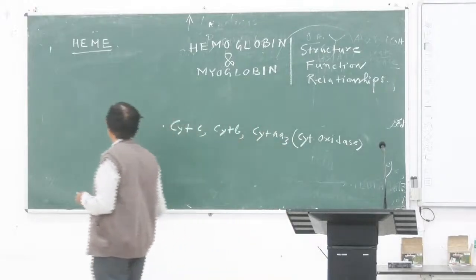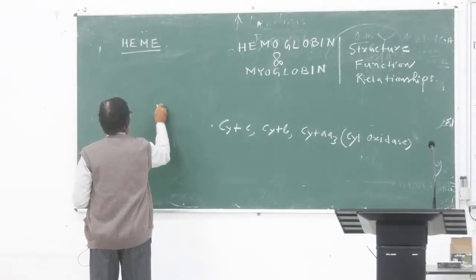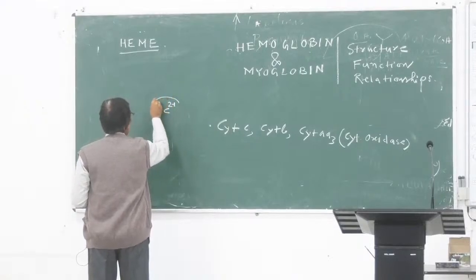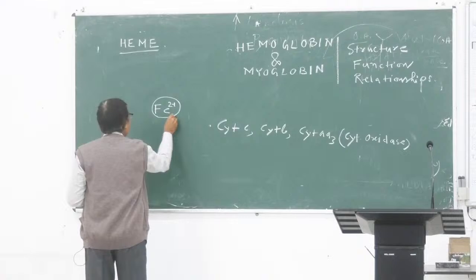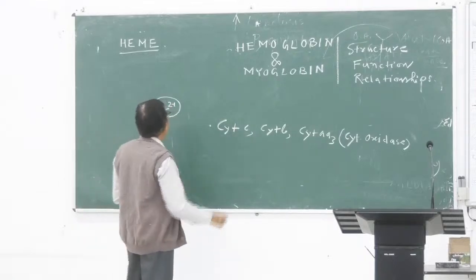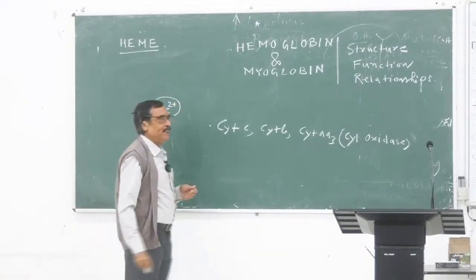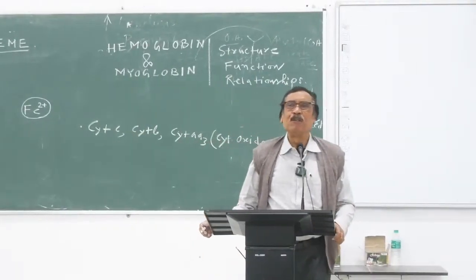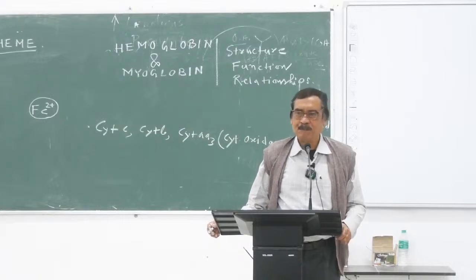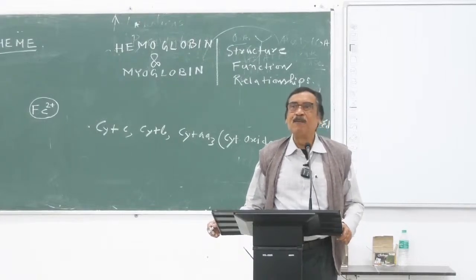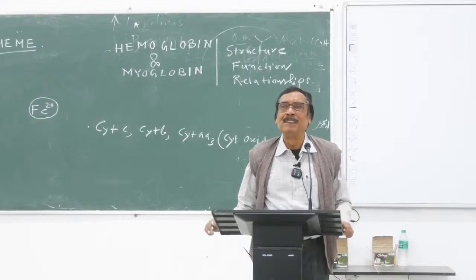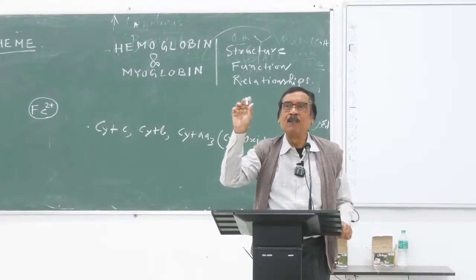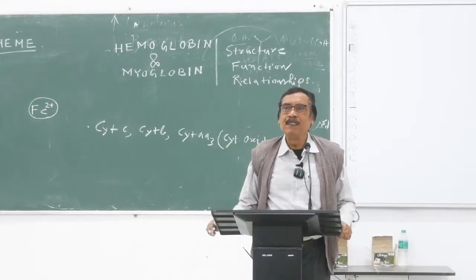Iron is in the central position, and when iron is 3 plus it is incapable of carrying oxygen, and the hemoglobin is called methemoglobin. Iron is in the ferrous form in hemoglobin, and the ferric form in methemoglobin.